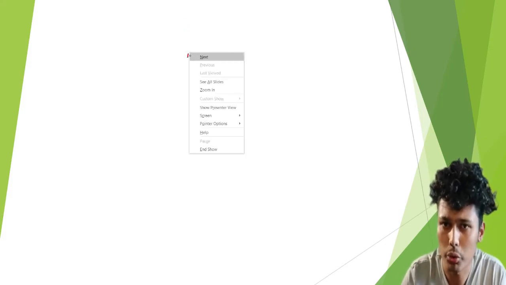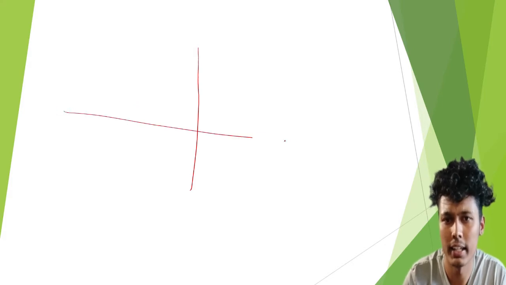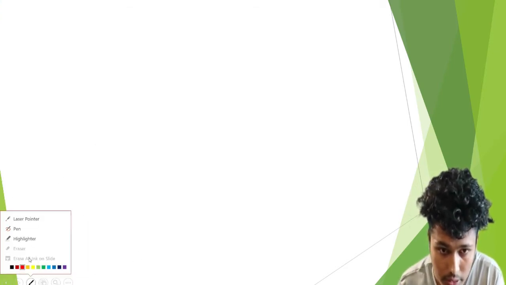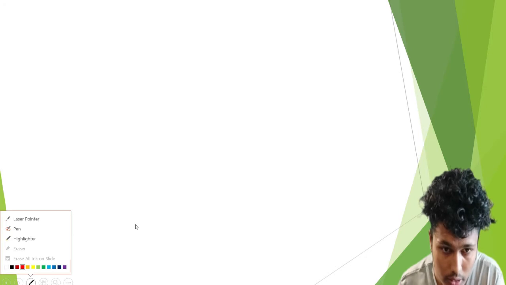So for drawing a graph, we have to draw two lines. This is one line and this is another line. I cannot draw the straight line, sorry for that. Let me take some help.